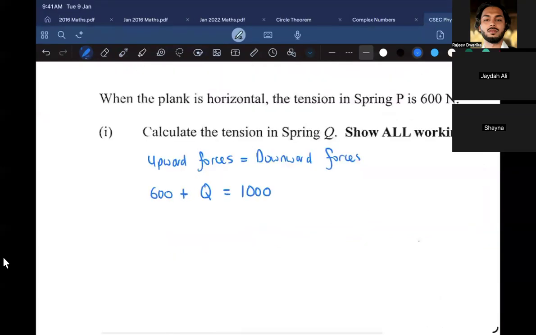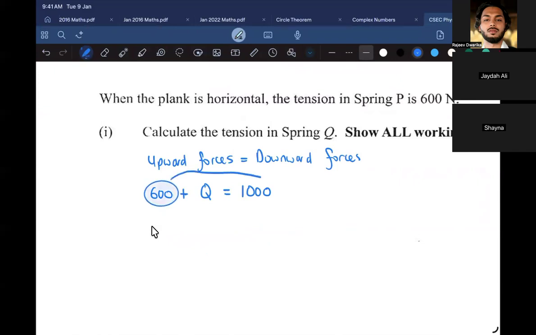So if I wanted to find Q, what would I do next? Think about it, Jada. If I want to find Q, Q is the only thing I want on the left-hand side. You minus 600 from 1,000. Yep, that's correct. Another way to think about it is you're going to move across positive 600.